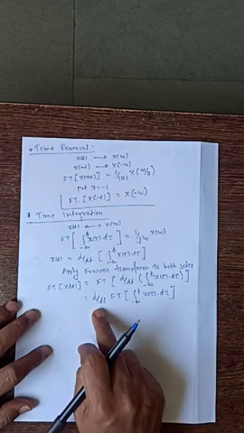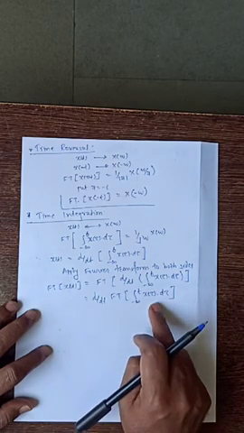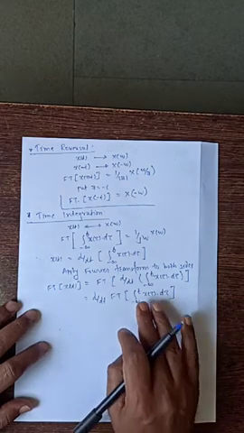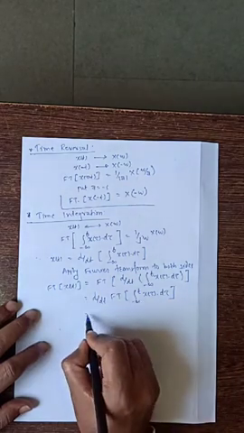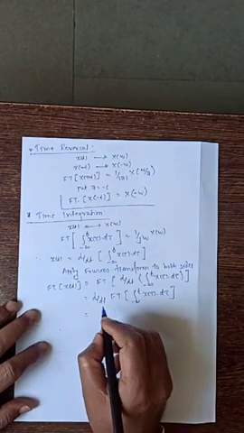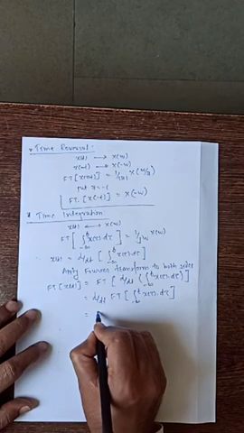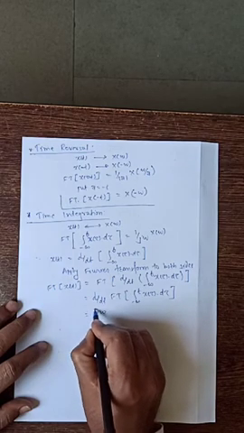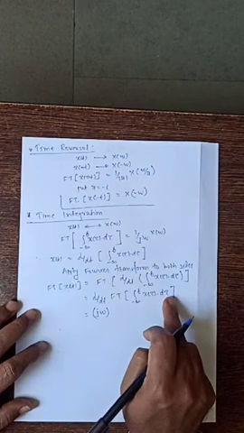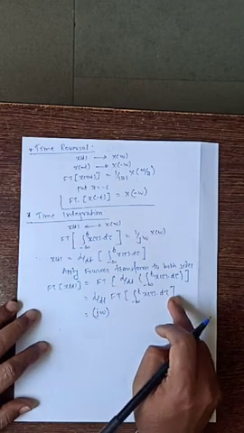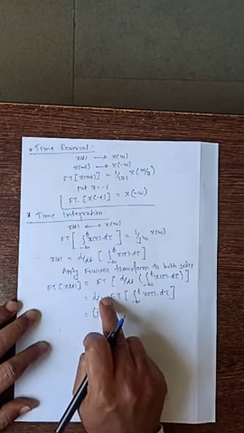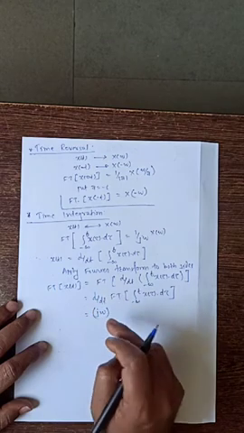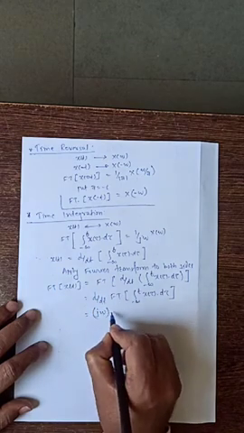When you take the differentiation, it is going to be multiplied by j omega. So the Fourier transform is going to be multiplied by j omega, as we are using d by dt.